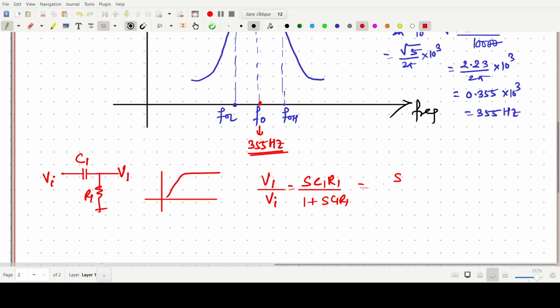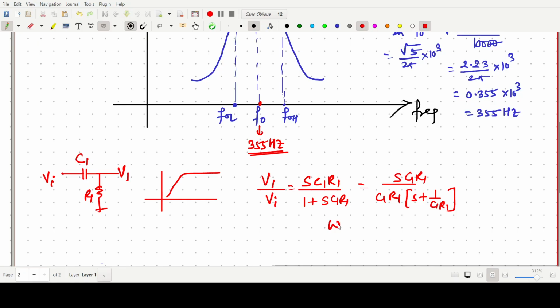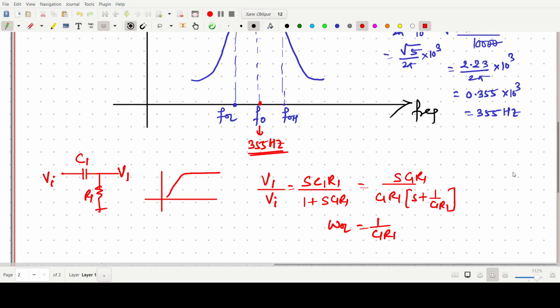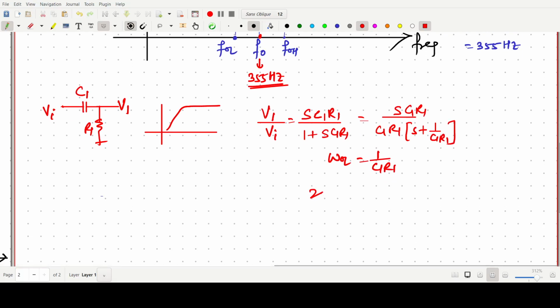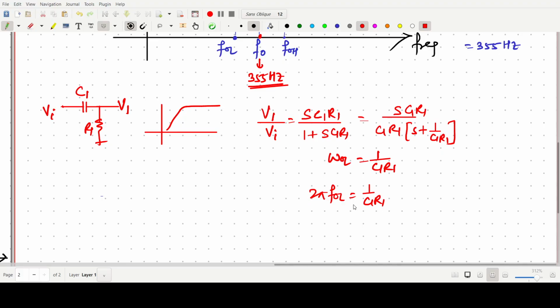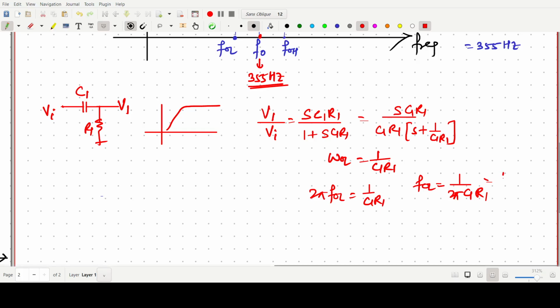If we take C1 R1 common, it should be S plus 1 by C1 R1. So this one is our omega naught L, which is 1 by C1 R1. So the value of 2 pi f naught L will be 1 by C1 R1, so f naught L can be written as 1 upon 2 pi C1 R1. Very simple concept.